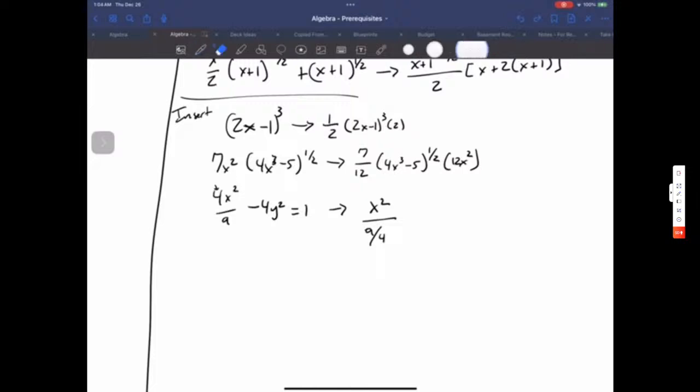Oh my goodness. And that's minus y squared over 1/4, and that's equal to 1.